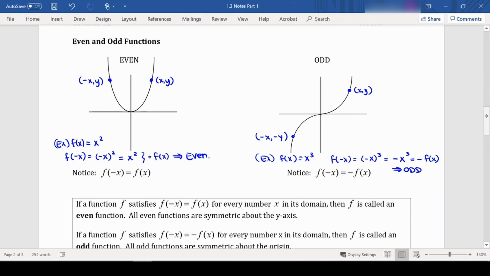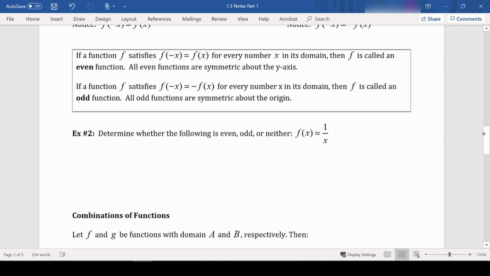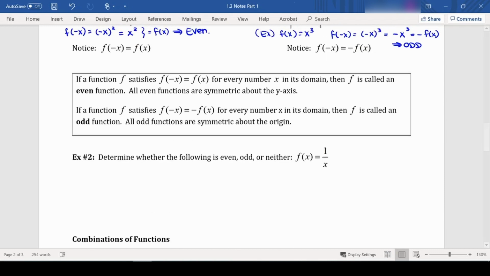Let's try an example. It says determine whether the following function is even, odd, or neither. The first thing I would choose to do is determine, well, what is negative f of x? So if we are even, f of negative x should equal f of x, which is 1 over x. If we are odd, f of negative x should equal negative f of x, which would be negative 1 over x.